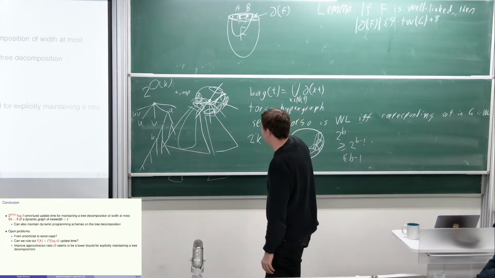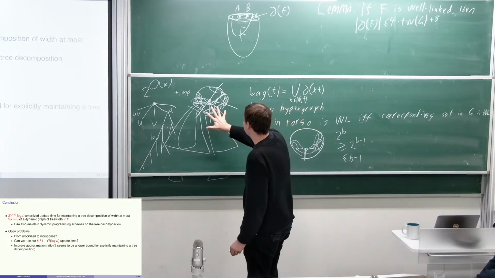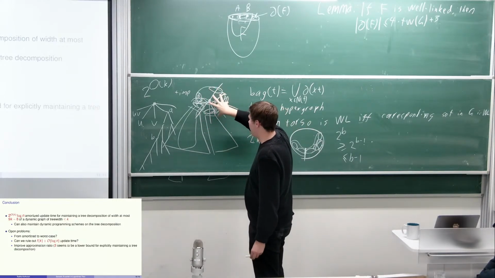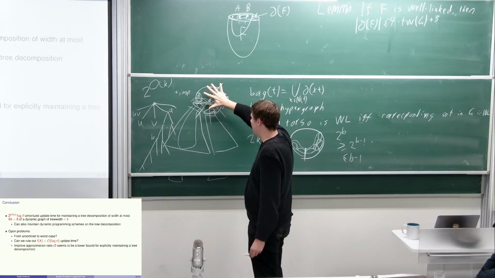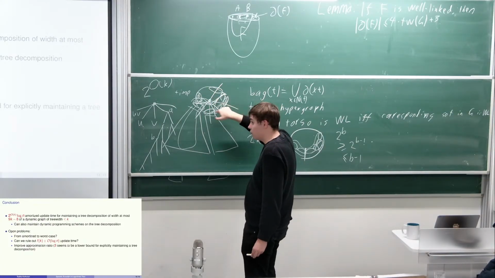So we have these torso hypergraphs, and in the end we want to put on each node, instead of 1 bag, a tree decomposition of this torso hypergraph.